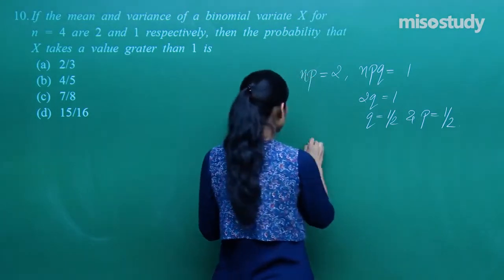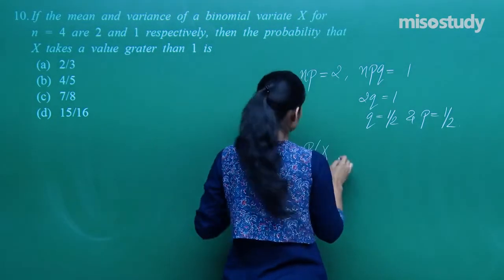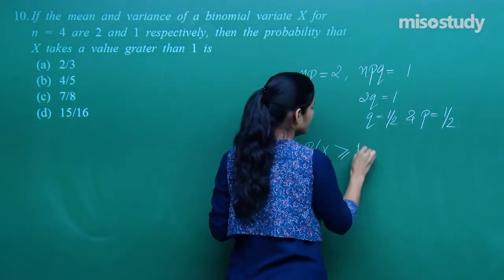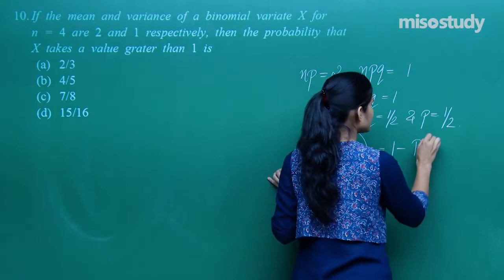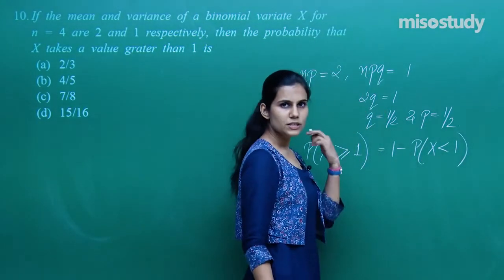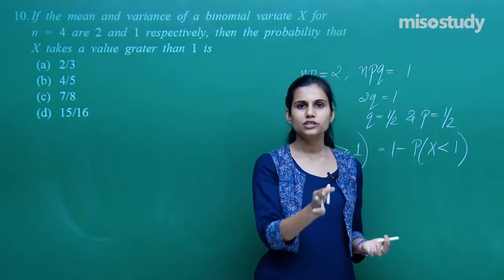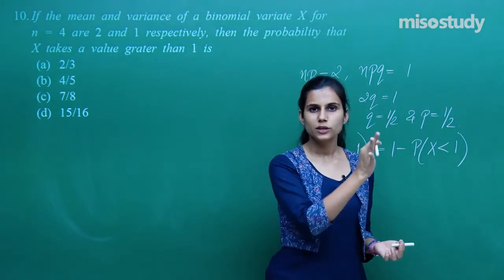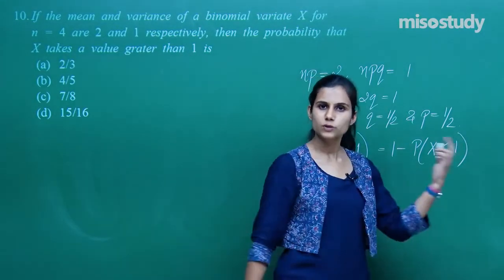Now you want to evaluate the probability of x greater than 1. This is the same as 1 minus probability of x less than or equal to 1. Why? Because this is a probability distribution. So probability of x equals 0 plus probability of x equals 1 plus probability of x equals 2 plus probability of x equals 3 plus probability of x equals 4 is 1.